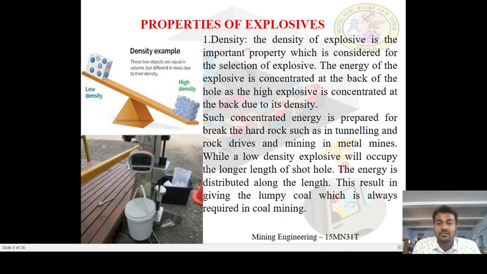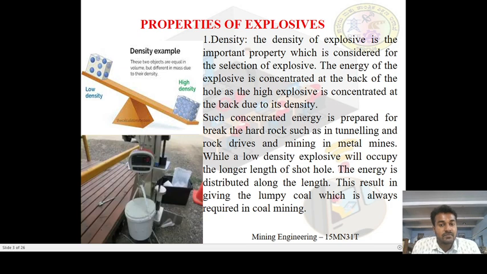Since the density of water is 1. In that case, such explosive could not be permitted in the blast holes which have water in them. In that case, the density could become the most important factor in choosing an explosive.